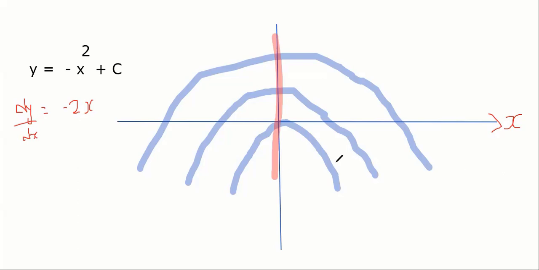These are all families of parabolas. If I draw a perpendicular, intersecting all these parabolas perpendicular to my axis of integration or differentiation, like this, and we draw a tangent there.